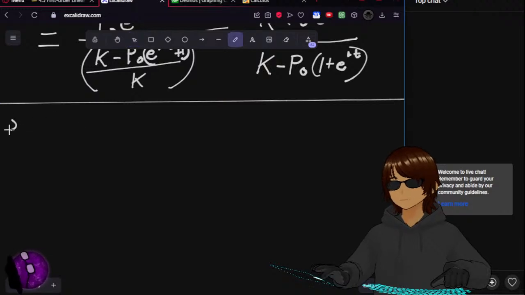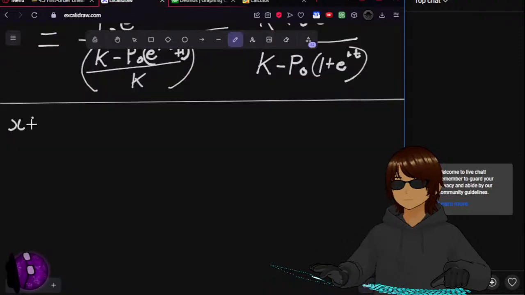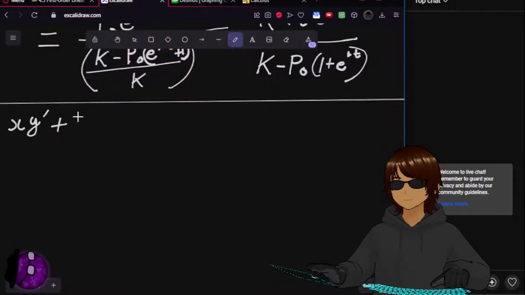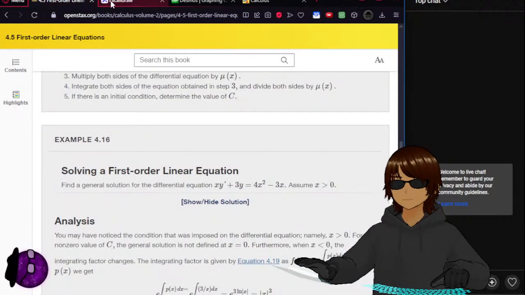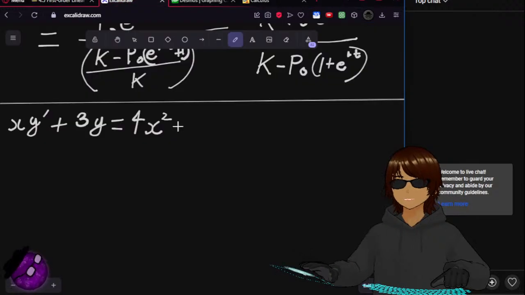This is going to be difficult. x y' plus 3y equals 4x squared minus 3x.